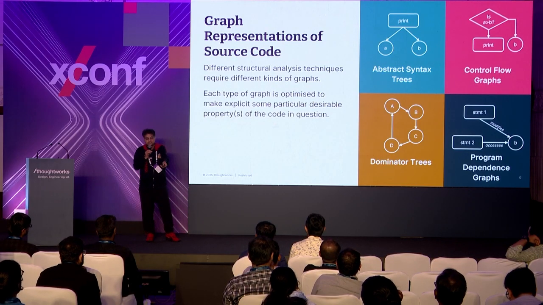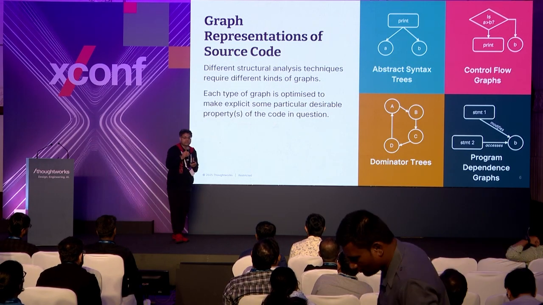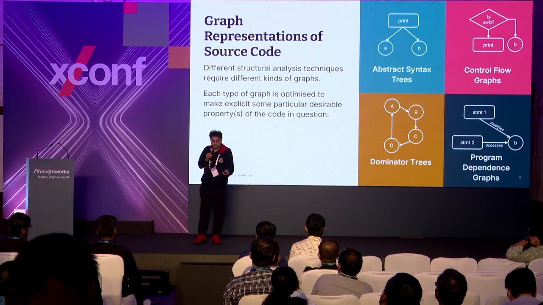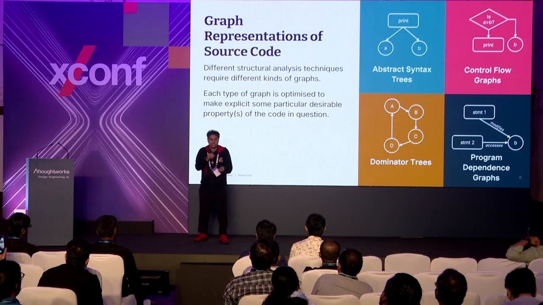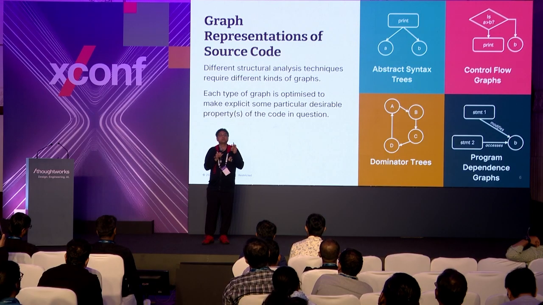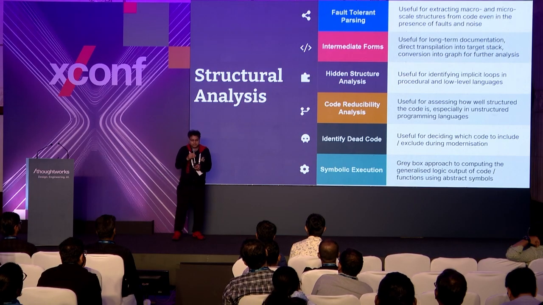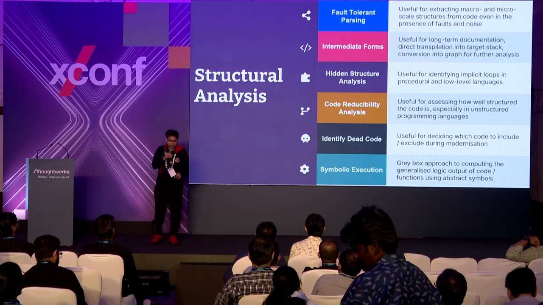These different kinds of representations uncover different aspects of the program. In fact, each of these types of graphs is optimized to make explicit some particular desirable property of the code in question. What do I mean by that? I'll come back to this in a second.